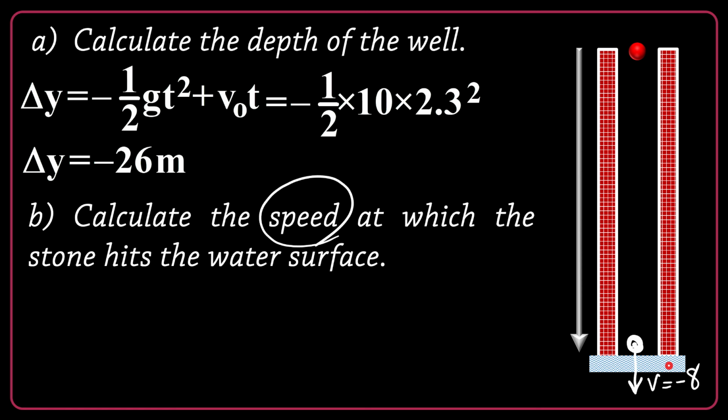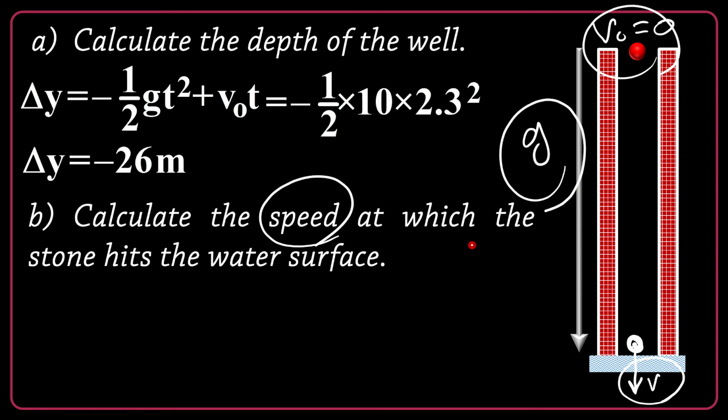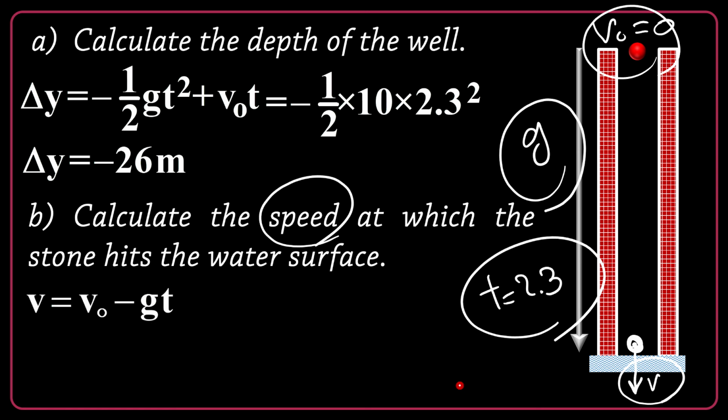Okay, what are the given quantities and what's the goal? The given quantities are v₀ equals 0 because it's released from rest, g is given, and I'm looking for the speed for the v. Let's find an equation relating v₀, g, and also the t. t is 2.3 seconds. The best for this approach will be v = v₀ - gt.